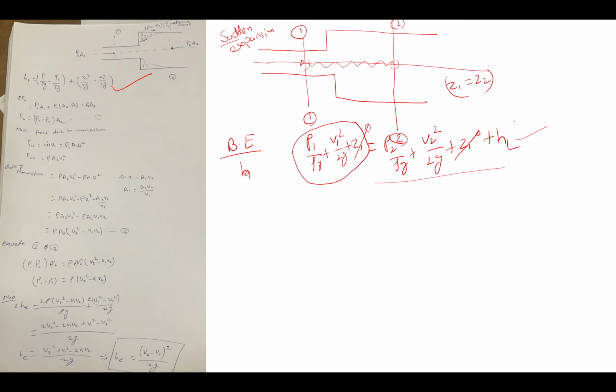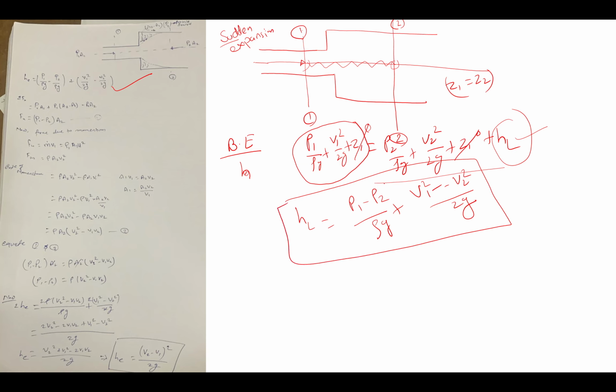That's why we add it on this side only, at point 2. So this is the whole thing. If you calculate HL from here, it will be (P1 minus P2) by rho g plus (V1 square minus V2 square) by 2g. So this is your loss.